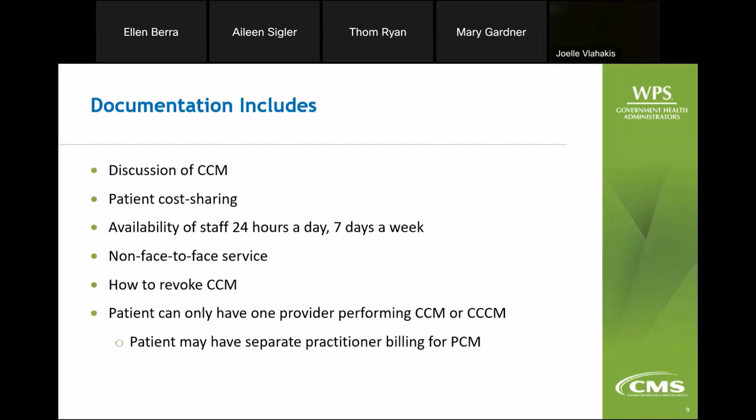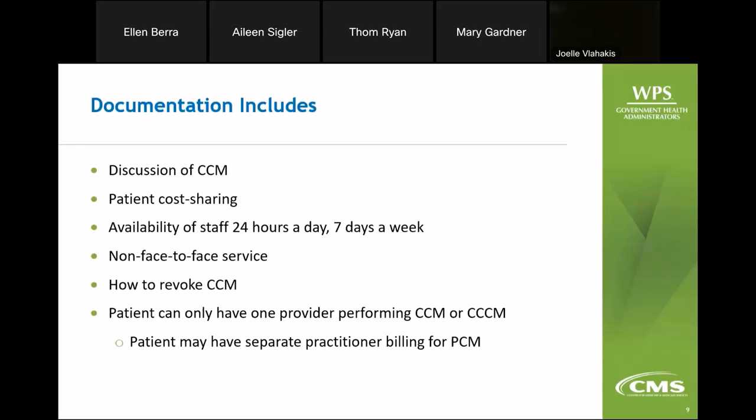So as part of the conversation, you want to share that with the patient, that even though they may not have physically seen your physician or practitioner within that month, chronic care management is still going on, and they would still have that coinsurance.